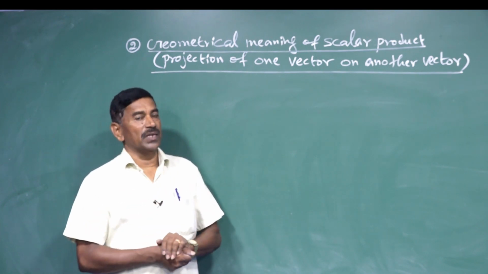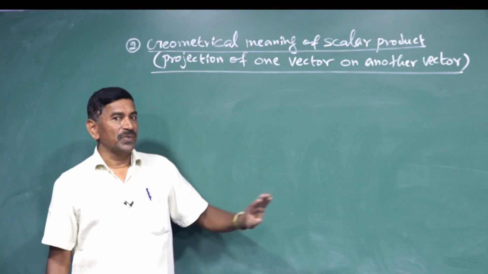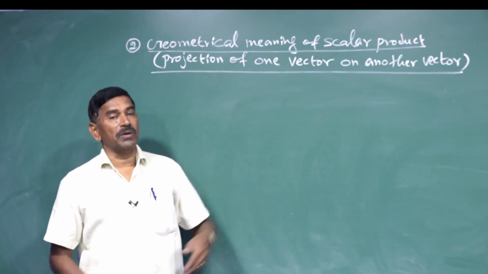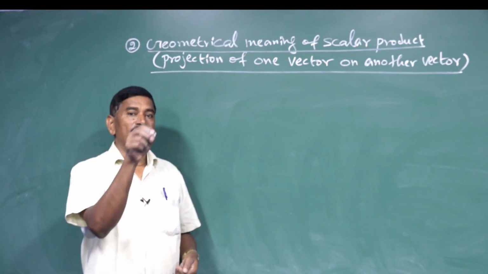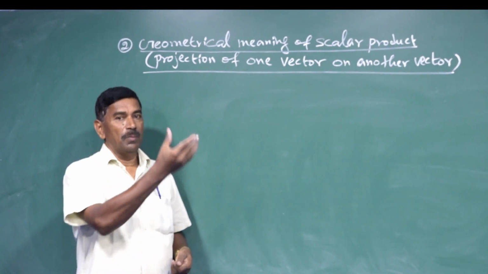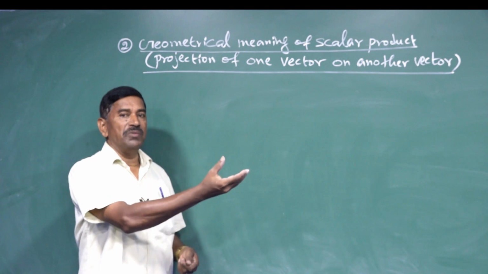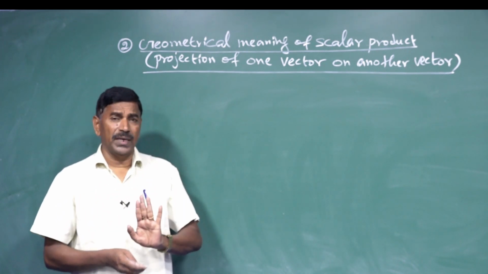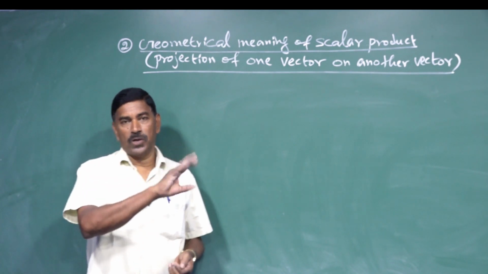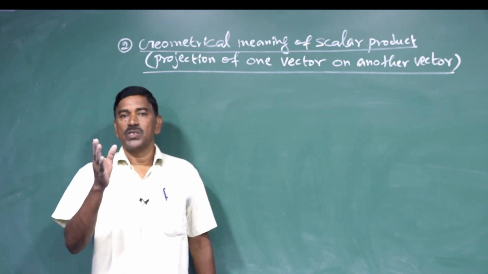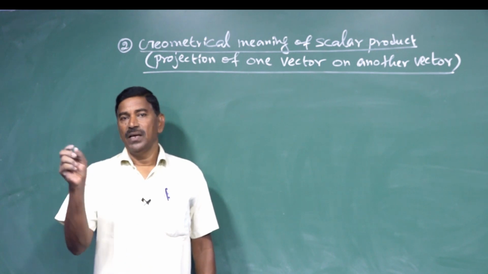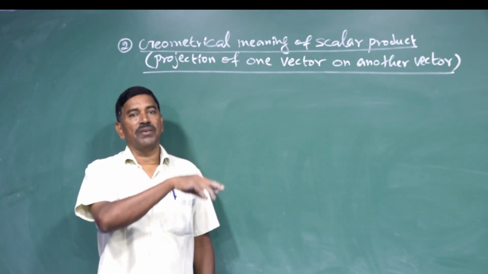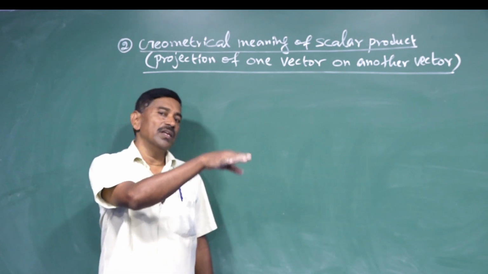That is an important concept. The definition of dot product is A vector dot B vector equals modulus A vector into modulus B vector into cos theta. Every time we want to use the definition of dot product.